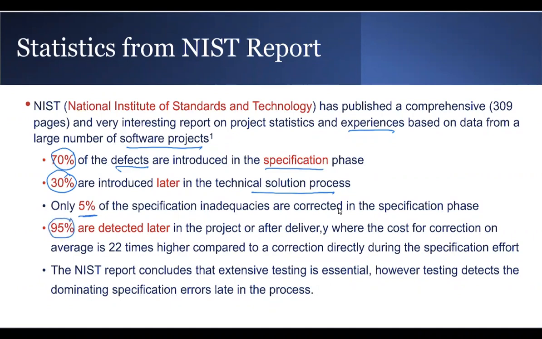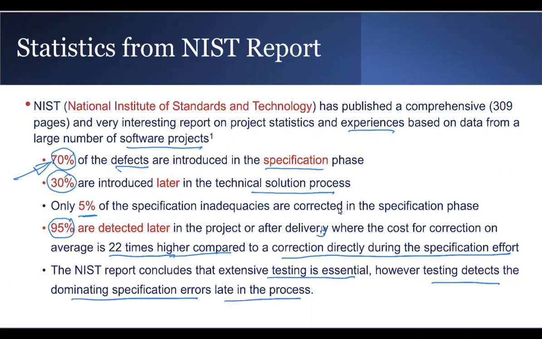So 95% are detected later in the project or even after delivery, where the average cost for correction is high at this time. If you wait until you make the corrections, can you see the number here? The cost for correction is 20 times higher as compared to if the correction was made directly during the specification efforts, because we have 70% of the defects happening in the specification phase. It was included in the report that extensive testing is essential. However, testing detects the dominating specification errors well, later in the process.